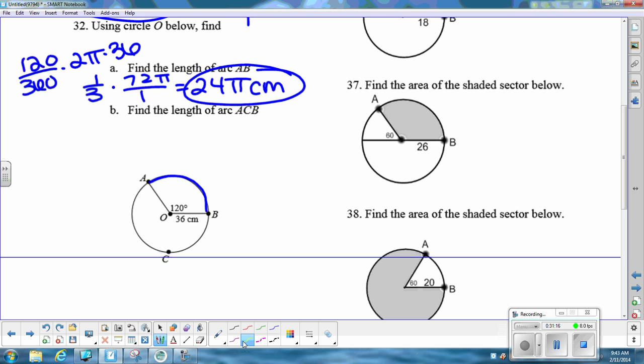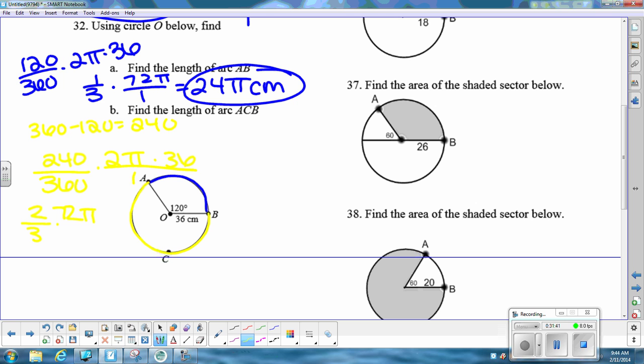So then for ACB, we go the other way around. This time our angle would be 360 minus the 120, so our angle is 240. So 240 over 360 times 2 pi times 36. 240 over 360 is 2/3 times 72 pi.